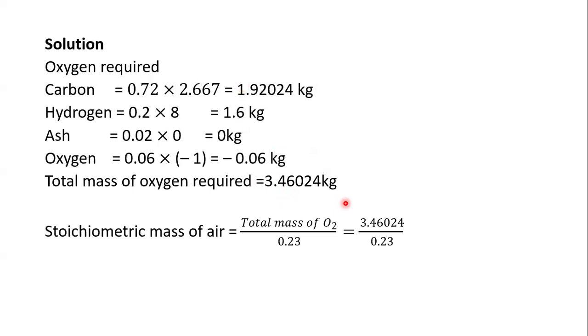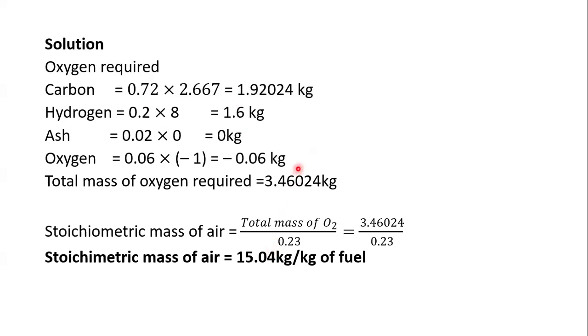So what do we do? We take the amount we found, total mass of oxygen, divide by 0.23. So 3.46024 divided by 0.23. Answer becomes 15.04 kg per unit mass of fuel. So to burn 1 kg of this fuel, you need 15.04 kg of air from the environment.